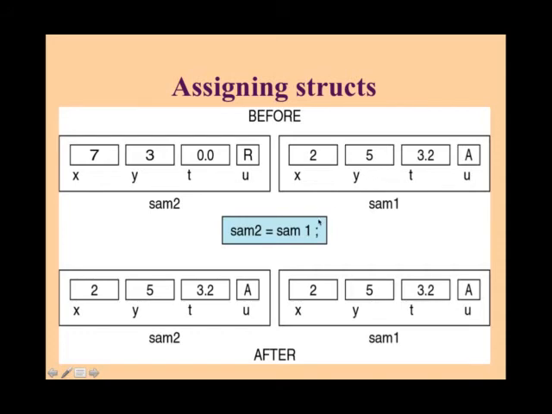Then what the computer will do after this assignment, they'll be identical. So the value of u will be replaced by this one, value of t will be replaced by 3.2, value of y will be replaced by 5, value of x will be replaced by 2, and sam1 and sam2 will be identical. So this aggregate operation in struct, placing one struct equal to another, allows member by member copy from the source to the destination. That is allowed.